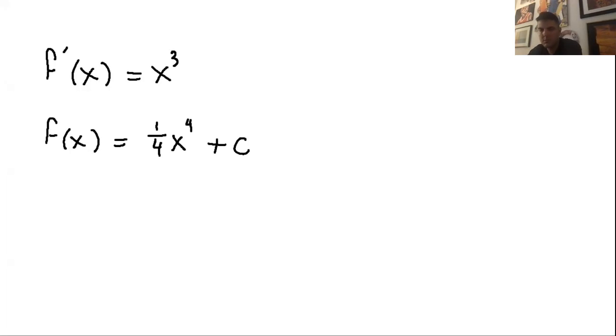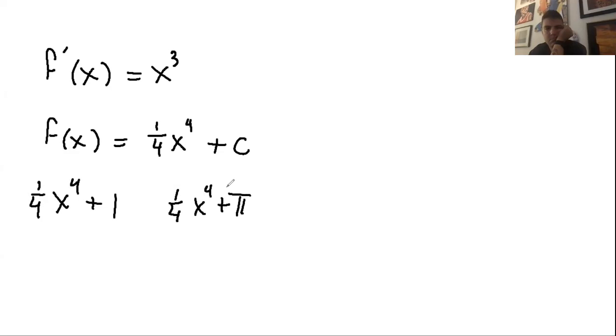Could there be another function, very exotic, that also has the derivative x cubed, that's not like 1/4 x to the 4 plus 1, or 1/4 x to the 4 plus pi? You understand what those mean, right? A family where you just have 1/4 x to the 4 plus a number.